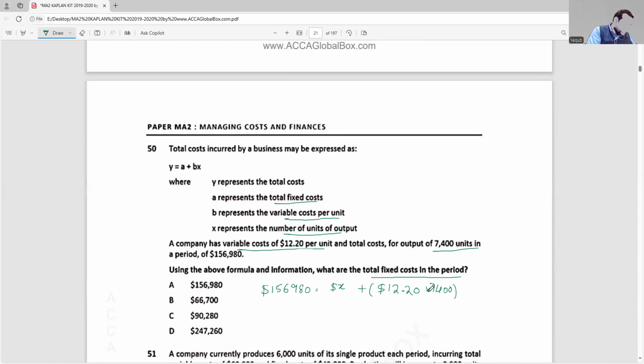So 12.2 into 7,400. 156,980 is equal to A plus 90,280. A is equal to 156,980 minus 90,280. 66,700.